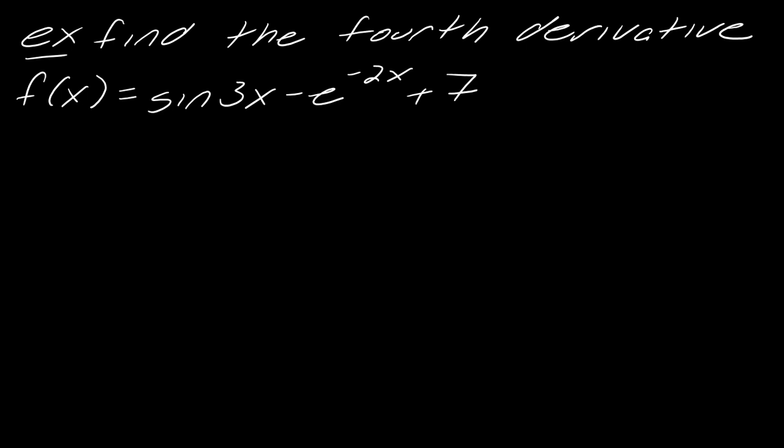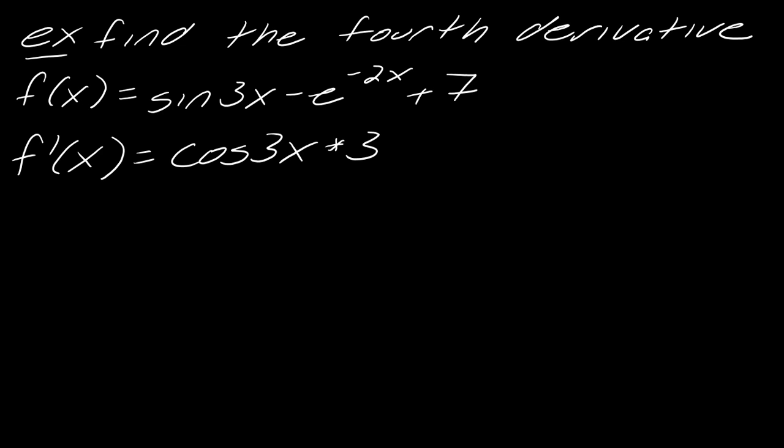Find the fourth derivative of f of x equals sine of 3x minus e to the negative 2x plus 7. So let's go ahead and take some derivatives now. Super happy fun time. For the first derivative, I need to use the chain rule here. The derivative of sine is cosine of 3x, and then I will multiply that by 3.